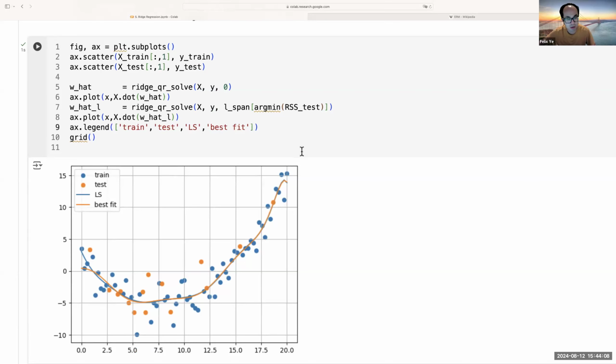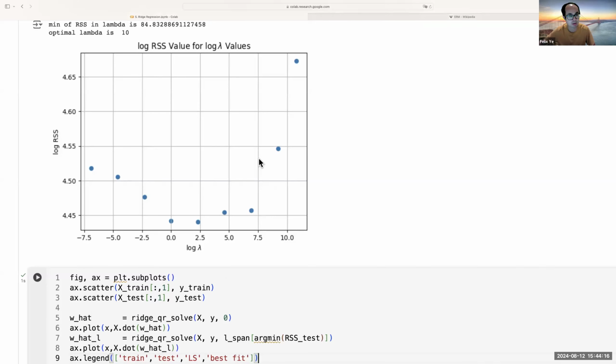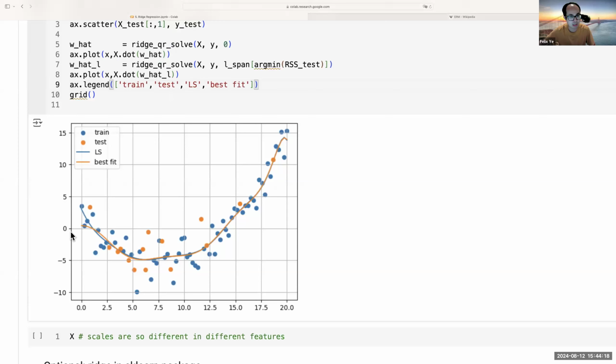And you can see how we actually choose the lambda here. So lambda is chosen, I think it's about 10. And you can see my best fit is slightly different from my least square fit. Particularly the differences are shown on the boundary here.